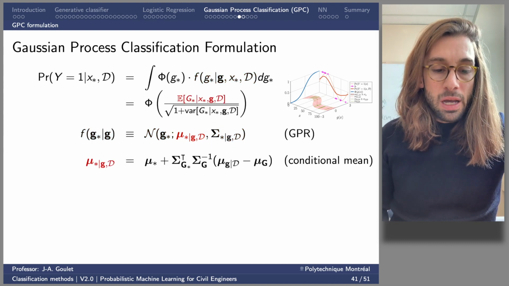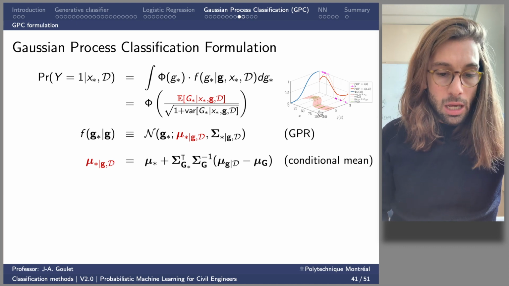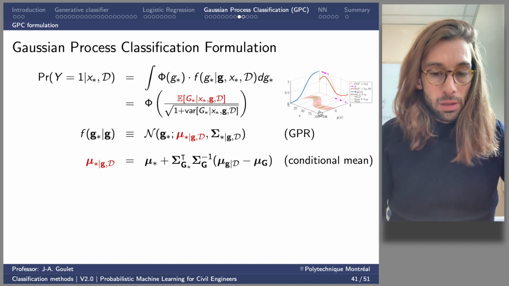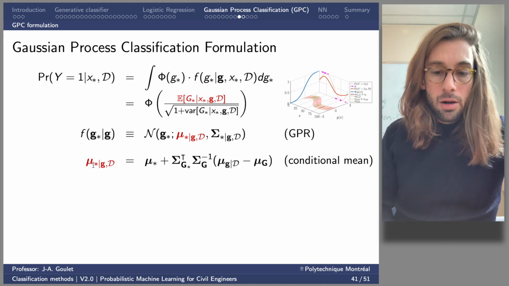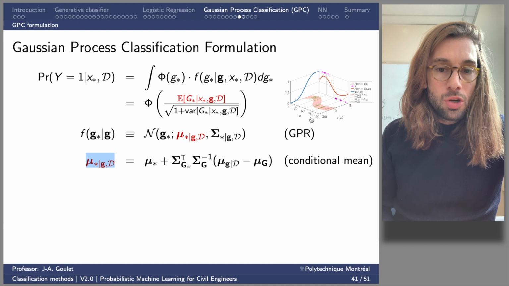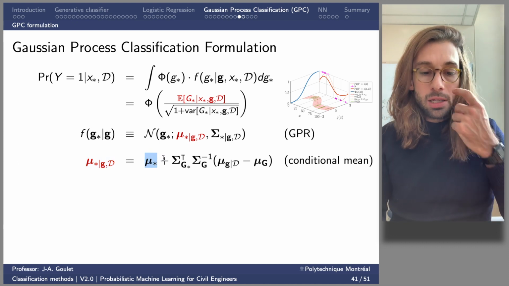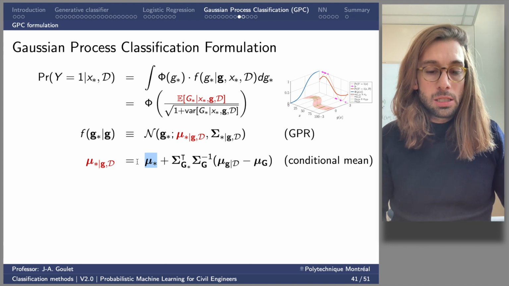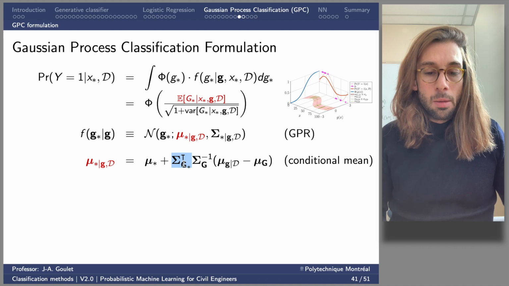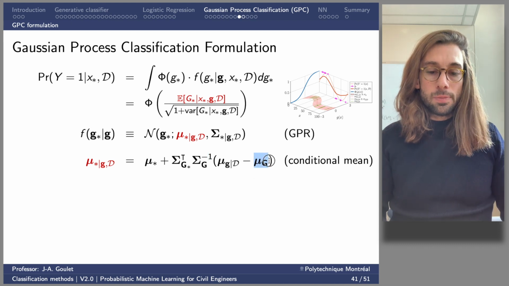Okay? For the expected value, what it represents here is actually the red dashed line here. It's a function of mu star, so the prior knowledge for that latent Gaussian process at any predicted location, plus my cross covariance between predicted and observed location, my covariance at observed location, my prior mean at observed location, okay?